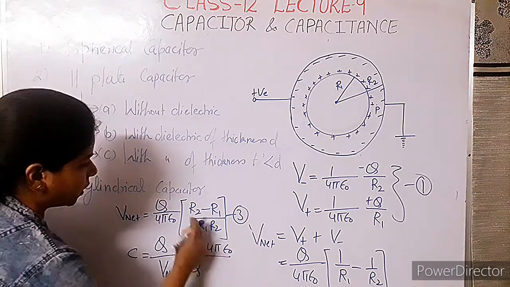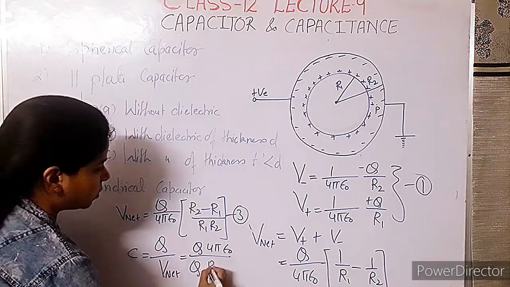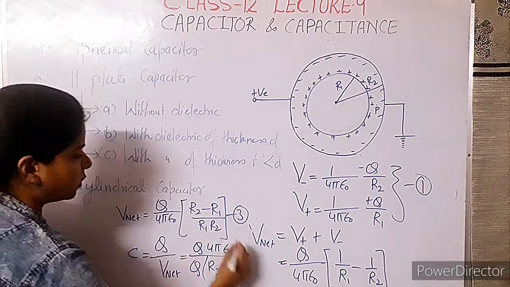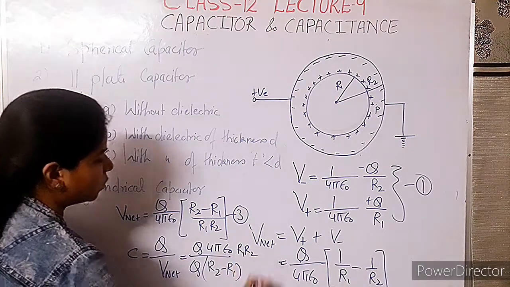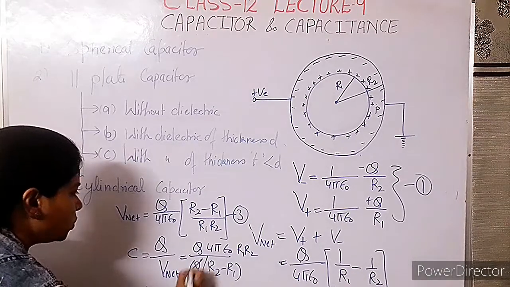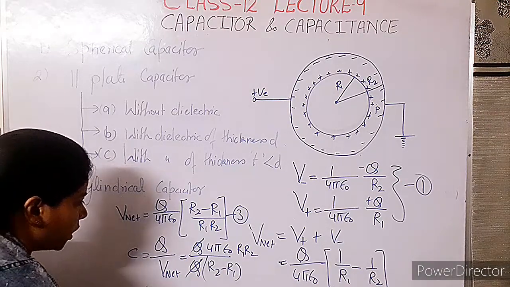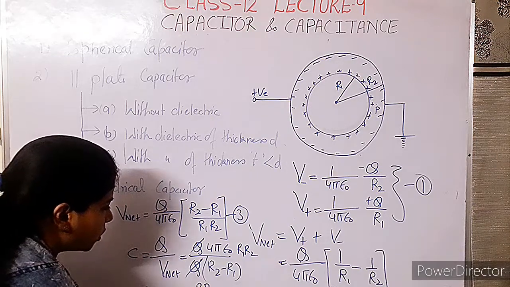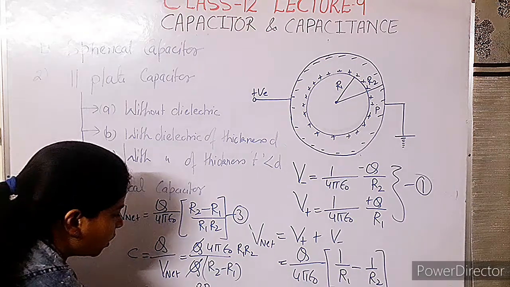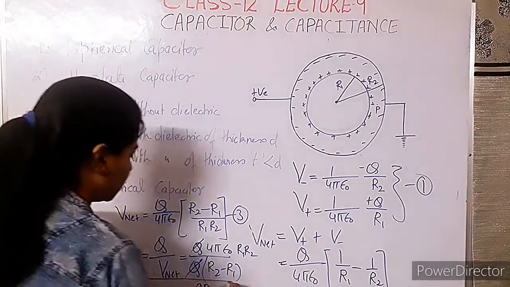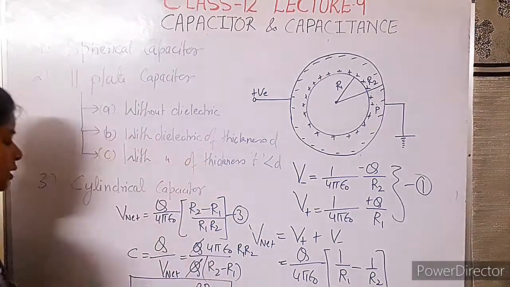In the numerator, R2 minus R1 will come in the denominator, and R1 R2 will move to the numerator. So C is equal to, neglecting the common term, 4 pi epsilon naught R1 R2 over R2 minus R1. That is the last result we get after this derivation.